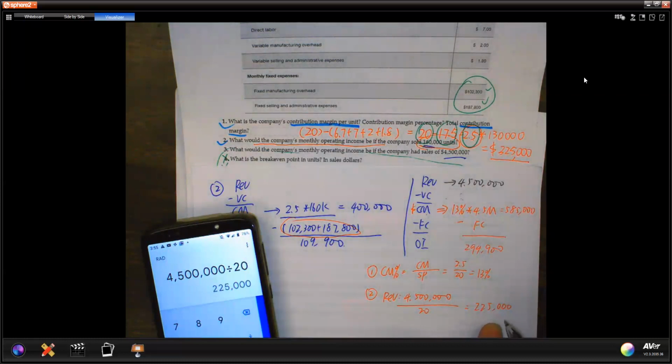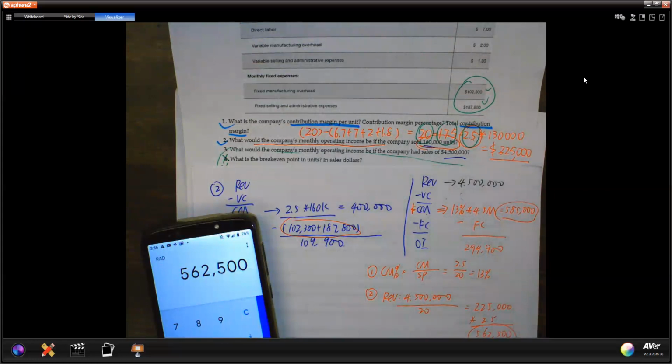And then I know my contribution margin for each one is 2.5. So that gives me a similar amount, 565, this much, but it's not exactly the same, maybe because of the rounding. So that will give me another way to get my operating income.